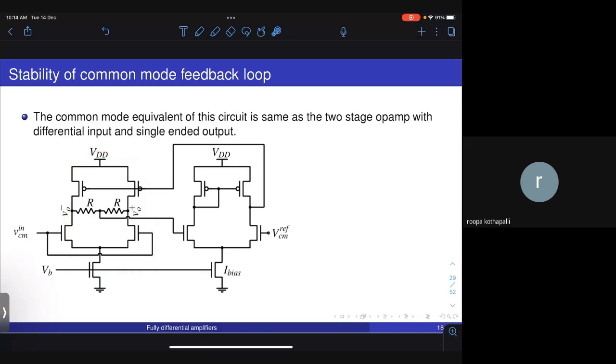How does that happen? Let's look at the second stage carefully. The second stage basically has two transistors, both in parallel. The input is also common mode, so these two can be reduced, and the output is also symmetric.